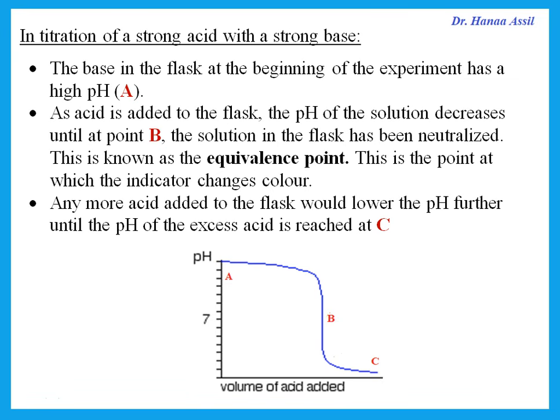So the pH of the flask would be the pH of the excess acid, which is at C. Are we following this? So this is called a titration curve, in which we're following the change of pH as we titrate an acid with a base.